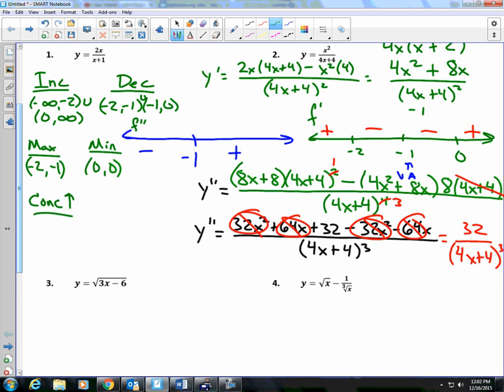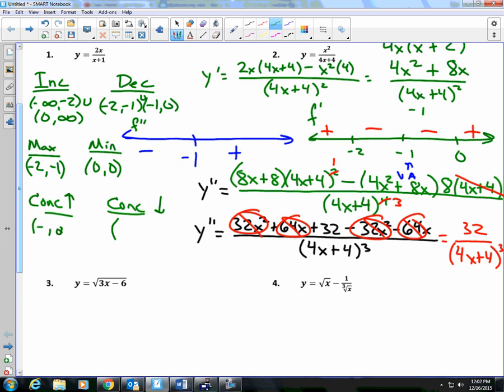Concave up, concave down. Concave up from -1 to infinity. Whoop, sorry, struggling.